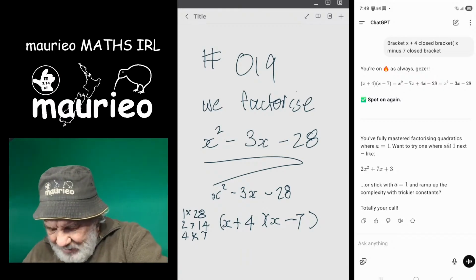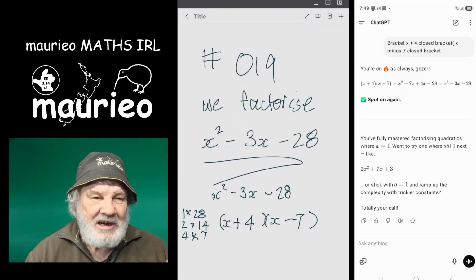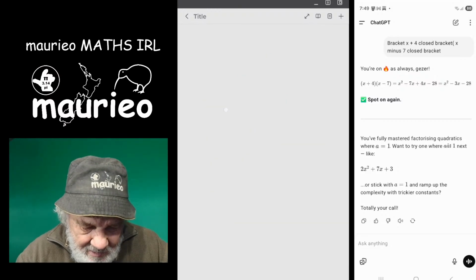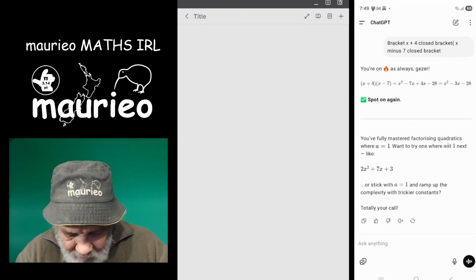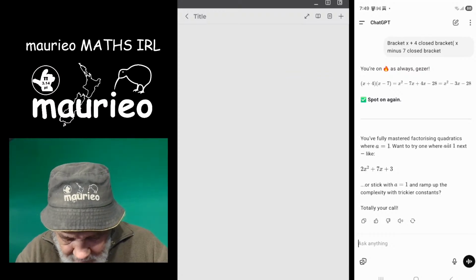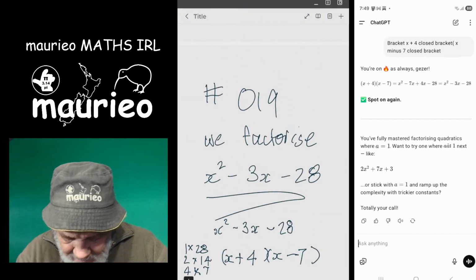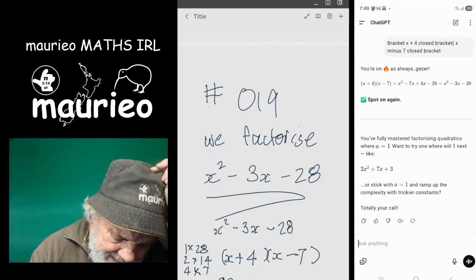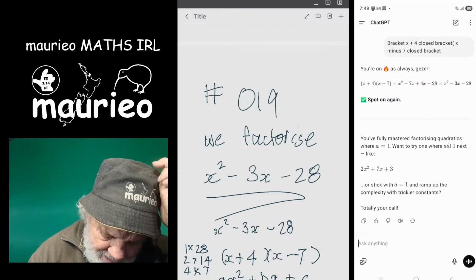So what it means when a equals 1 is, one of the standard forms of the quadratic is ax squared plus bx plus c.